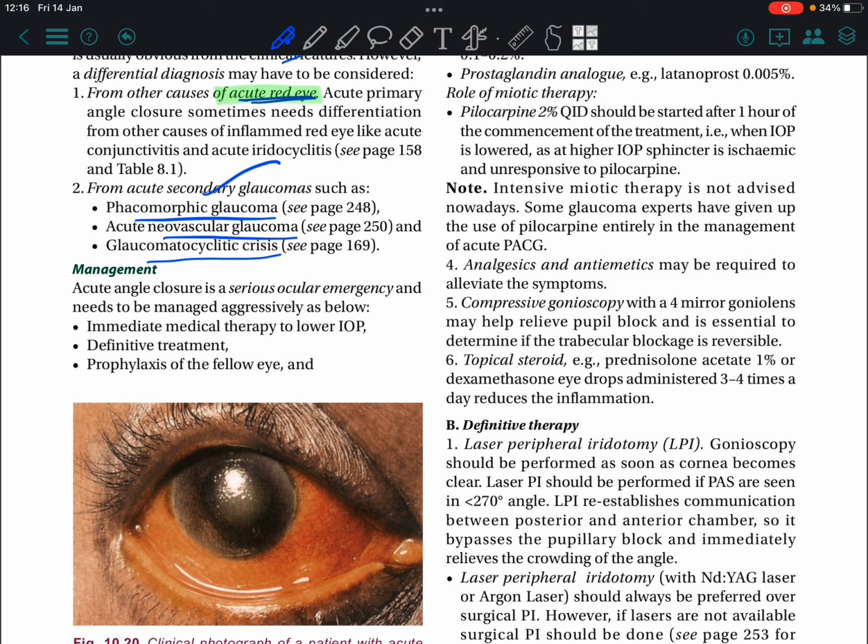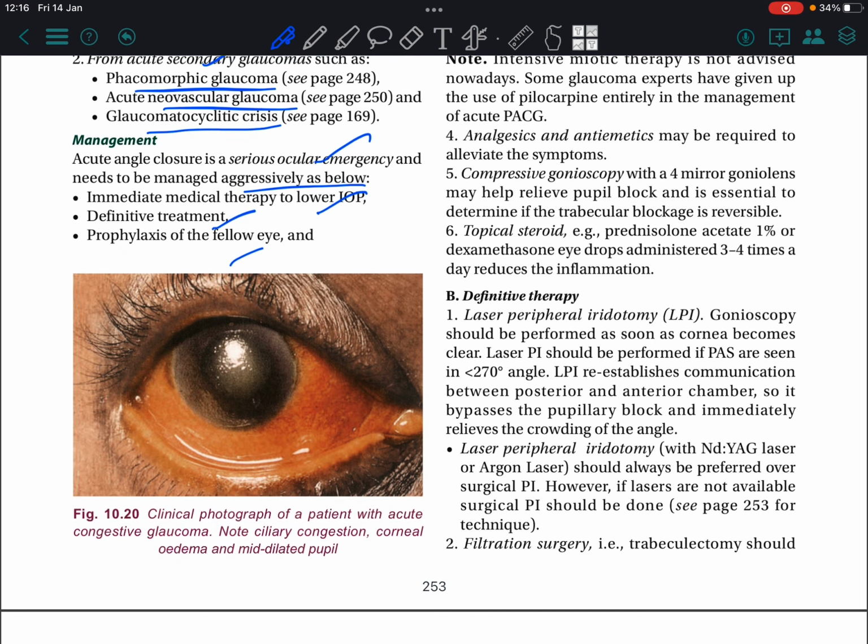Management: acute angle closure is a serious ocular emergency and needs to be managed aggressively as below. Immediate medical therapy to lower IOP, definitive treatment, and prophylaxis of the fellow eye.